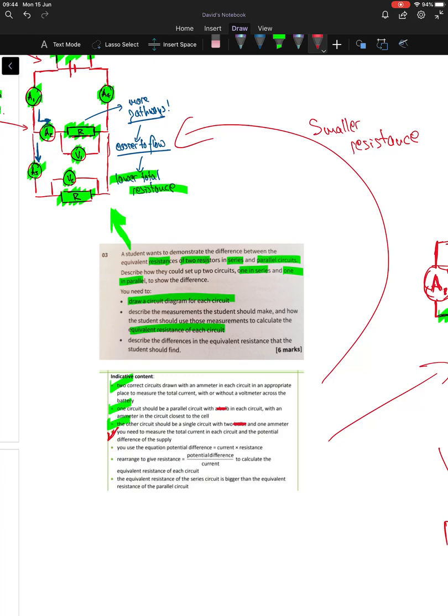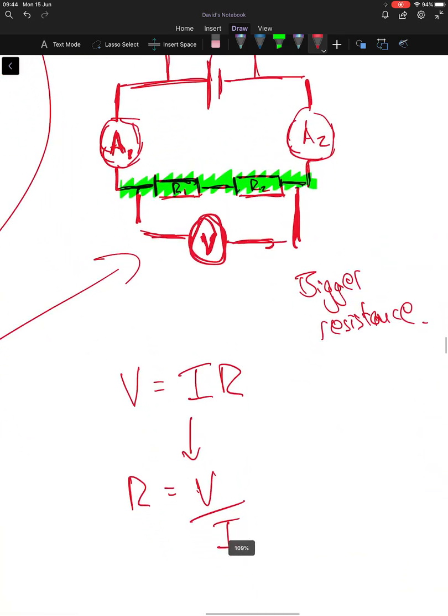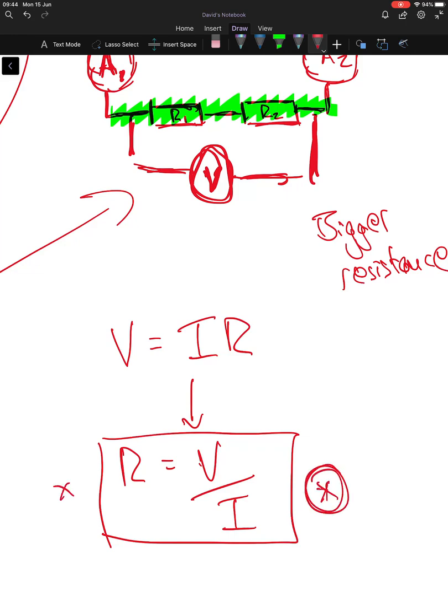Okay, now, what equation do we know that links voltage, current, and resistance? That's right, V equals IR. Voltage equals resistance times current, which if we rearrange, resistance equals voltage divided by current.